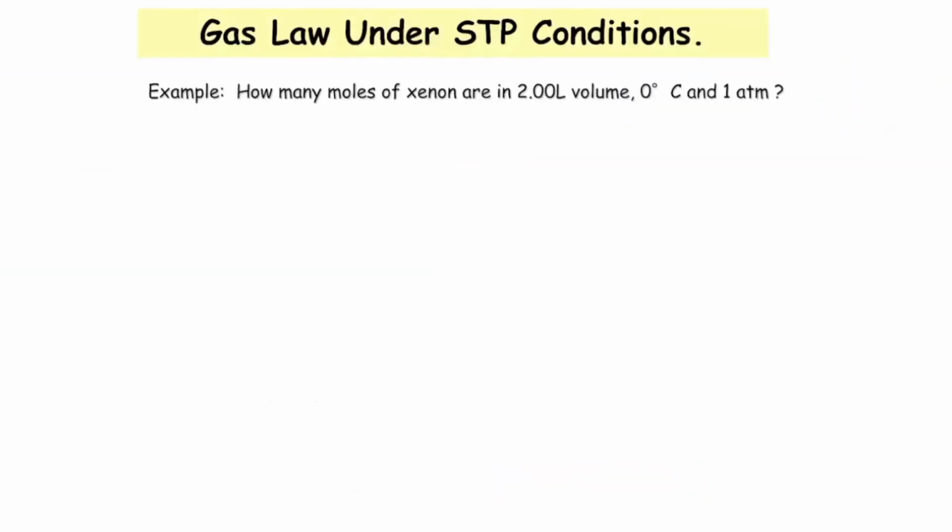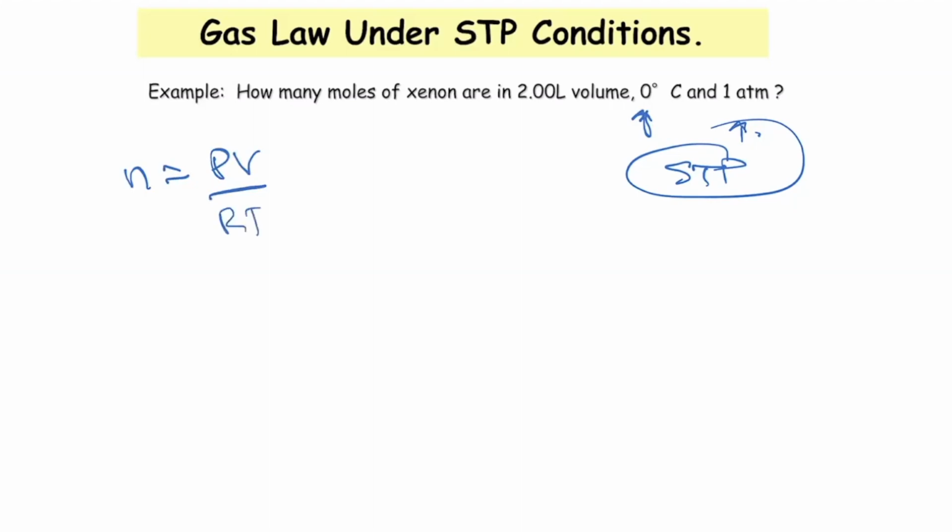Let's take a look at this problem right here. How many moles of xenon gas in 2 liters, where the temperature is 0 degrees and pressure is 1 atmosphere? That's STP, standard temperature and pressure. So we can solve for moles, plugging in all these variables, or we can just do this.